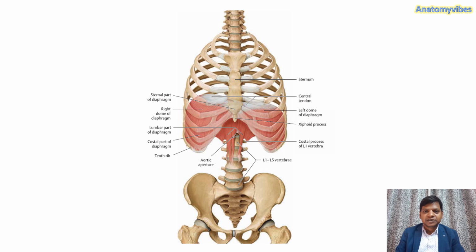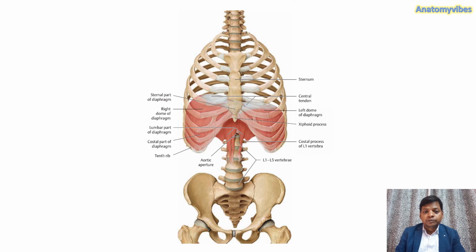So friends, today we will study one important structure present in between the thorax and the abdominal cavity. So let's start. Here you can see the image where you can see the thoracic cage.